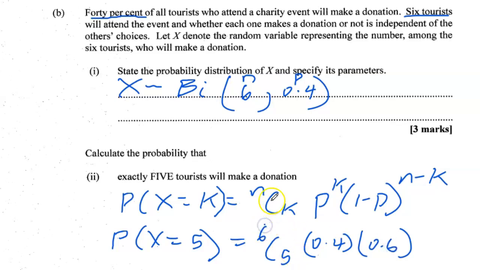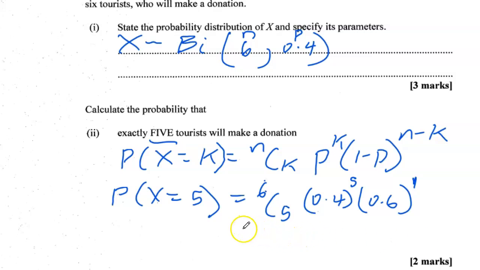By the way, k is 5, and n minus k is 6 minus 5, that's 1. And we can enter everything in our calculator, and we will end up with 0.03686.